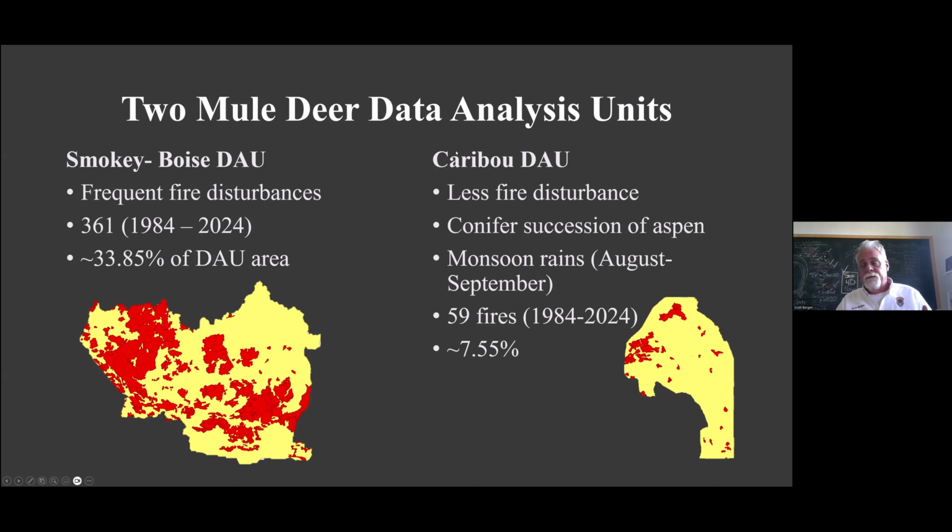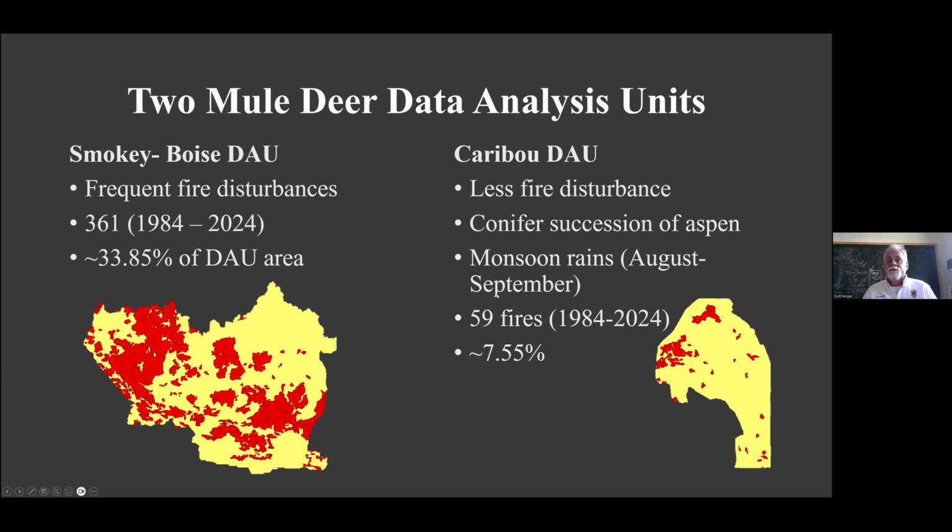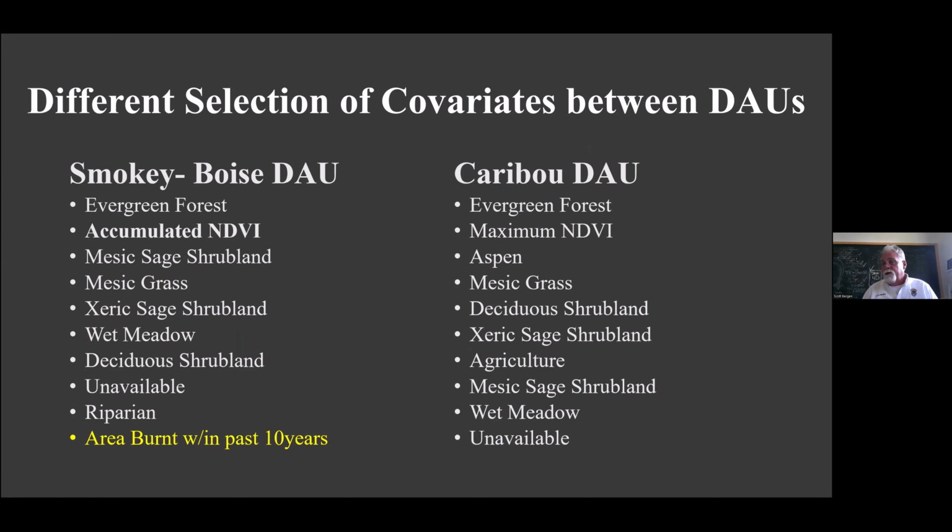And we can compare this to another one, the Caribou, which is the southern extent of the greater Yellowstone ecosystem, with less fire disturbance, conifers succeeding aspen groves. We also have a shot of monsoon rains in late August. But again, only a little over 7% of this was consumed by fire. And this also gets reflected in how the deer select for their summer range habitats.